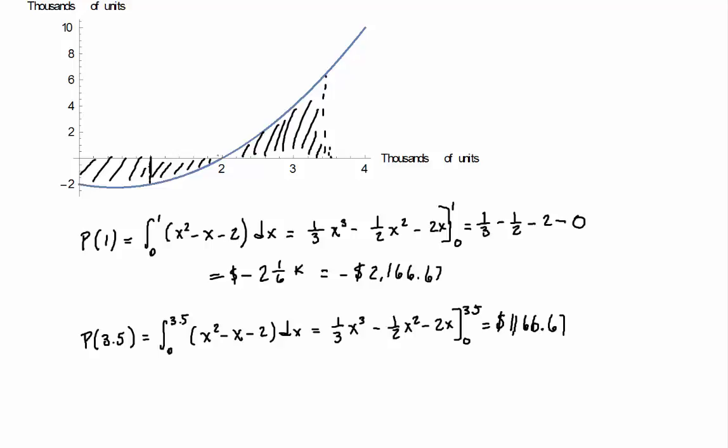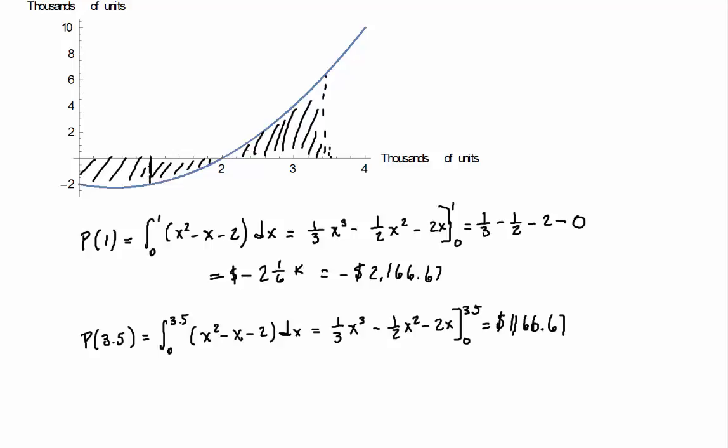So you can see how at first your revenue is not big enough to overcome your cost. So you have a negative profit for a while because your marginal profit is on the negative side, so the area under the curve is negative.